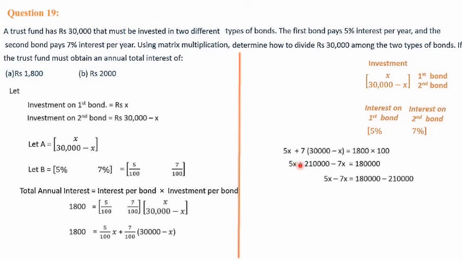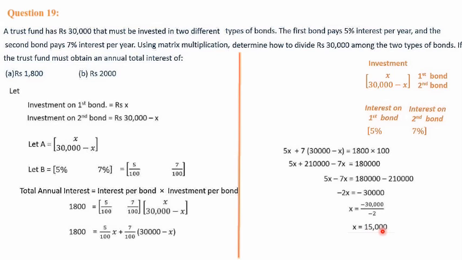Then 5x minus 7x, coefficients on one side, constants we are bringing to the other side. So 180,000 minus 210,000. When we subtract these two, 5x minus 7x is minus 2x, and when we subtract these two terms we will be getting minus 30,000. Then from here x we can calculate, minus 30,000 divided by minus 2, that is equal to 15,000.